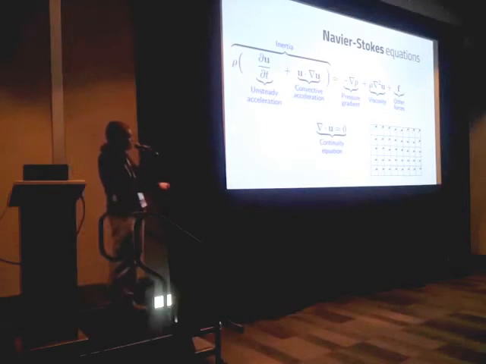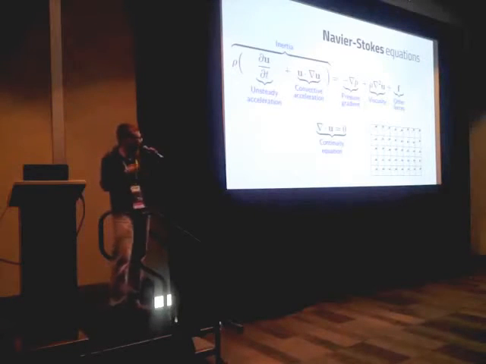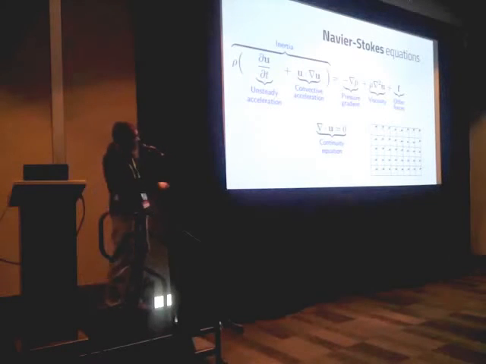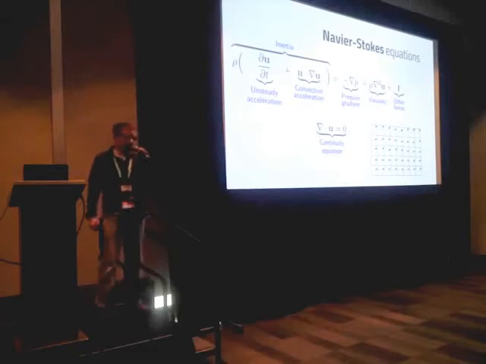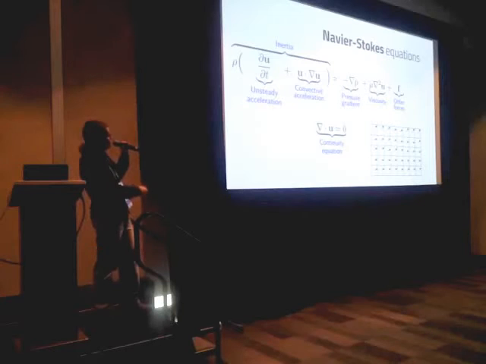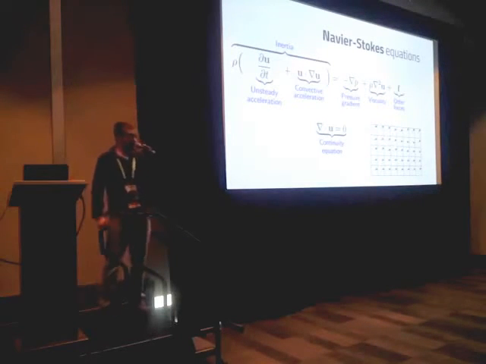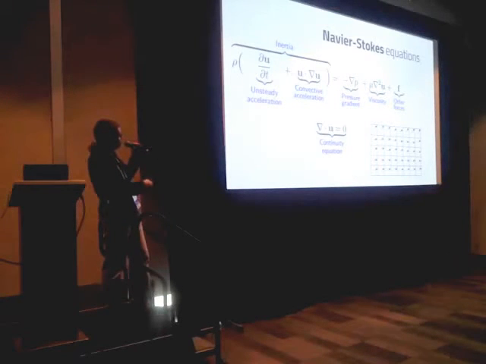So if you know all the forces and the pressure, where P is the pressure, you have velocity, which gives you the possibility to compute the viscosity effects, and you have the external forces, like gravity or some other force. On the left-hand side, you have acceleration, there is an unsteady part, there is a convection, and the goal of solving the Navier-Stokes equations is to get the velocity field.